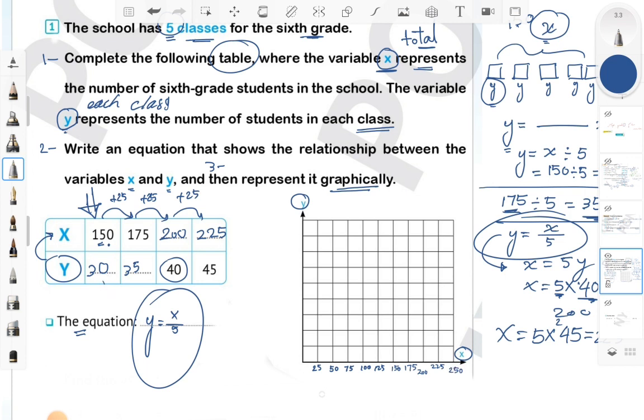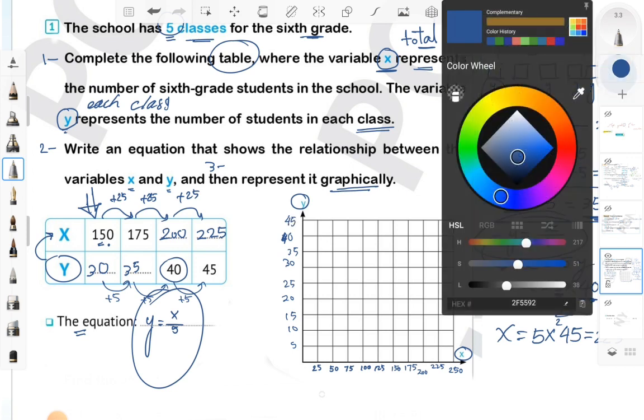Here our step for y is plus 5. Right? Now 0, 5, 10, 15, 20, 25, 30, 35, and 40, 45. Last one.